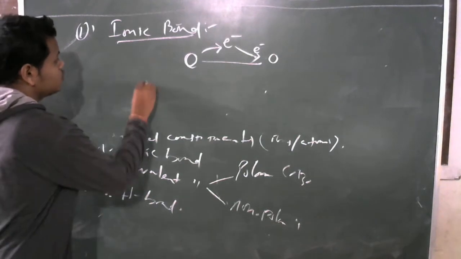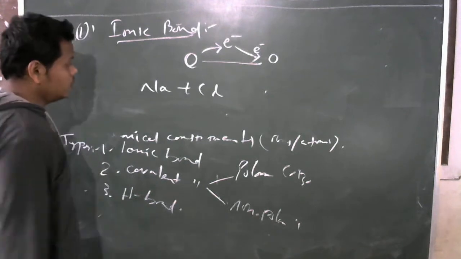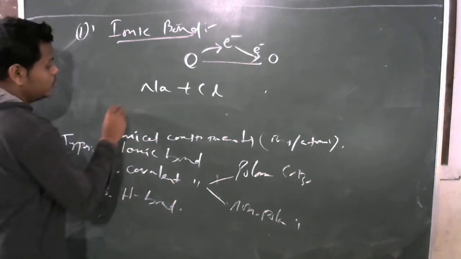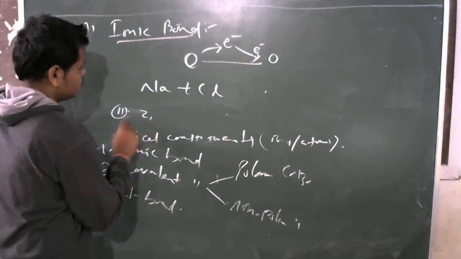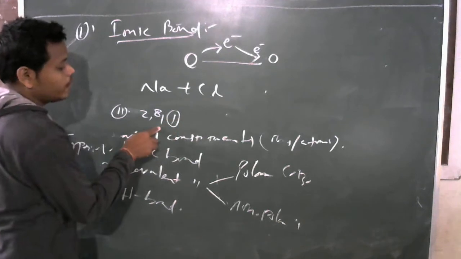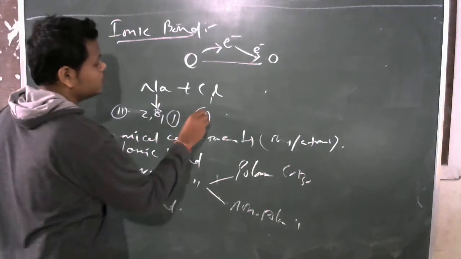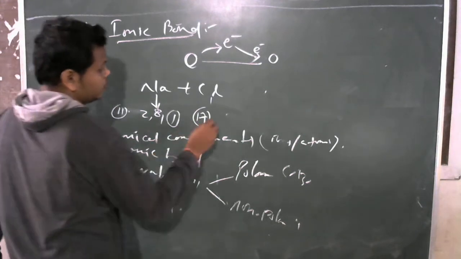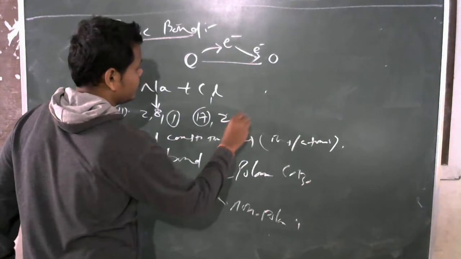Suppose we discuss sodium and chloride. The atomic number of sodium is 11, so according to Bohr's model, it is 2, 8, 1. In the outer shell, only one electron is present in sodium. Then chlorine, atomic number is 17, so its configuration will be 2, 8, 7.